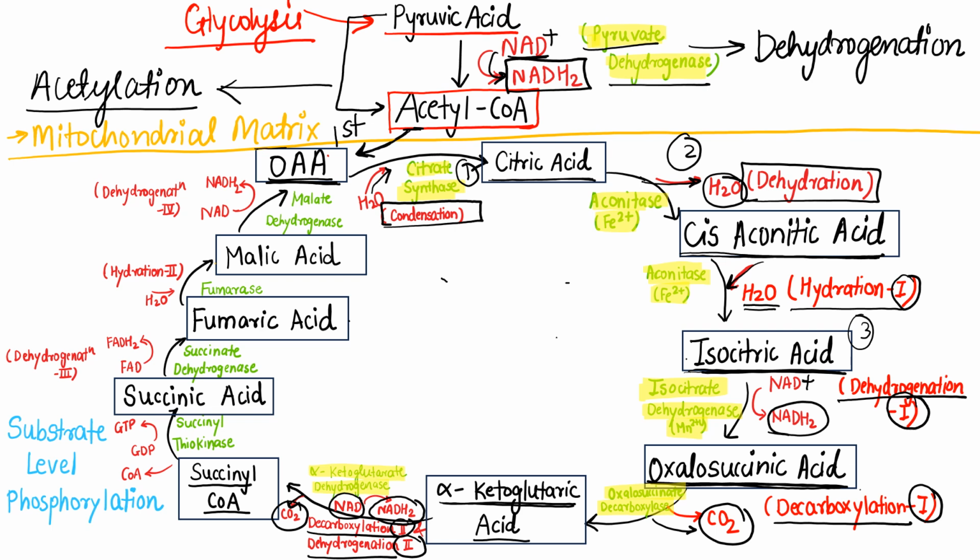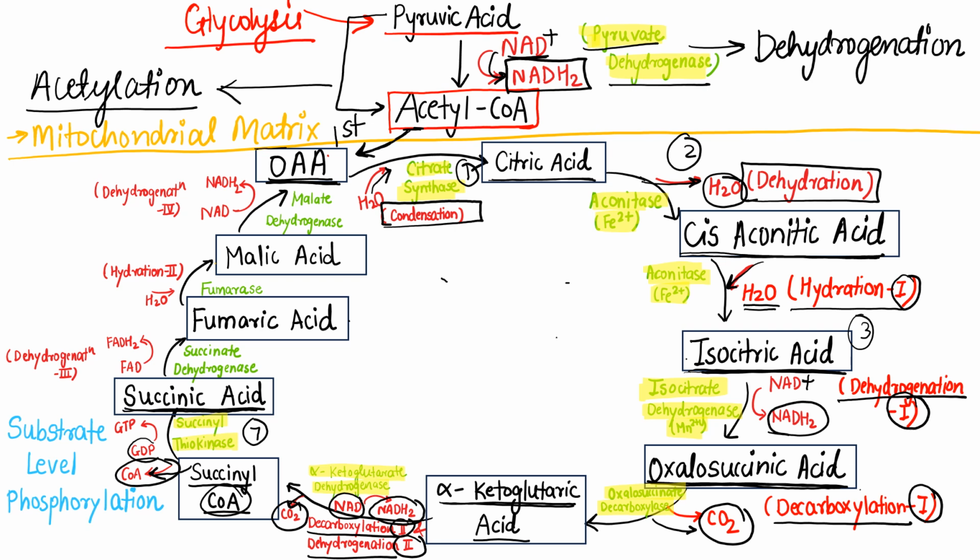Seventh step is conversion of succinyl coenzyme A into succinic acid. This is the seventh step in the presence of enzyme succinyl thiokinase. Now here this coenzyme A gets removed from succinyl coenzyme A and only succinic acid remains.